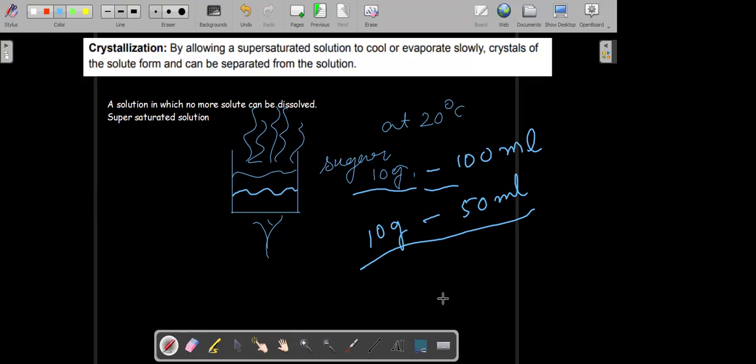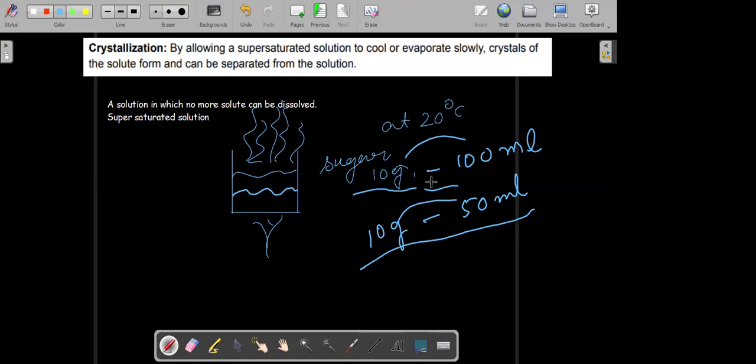Now the concentration of salt is even greater than its normal value. Earlier it was 10 gram in 100 ml, and now it's 10 gram in 50 ml. Yes sir, the solvent is decreasing.